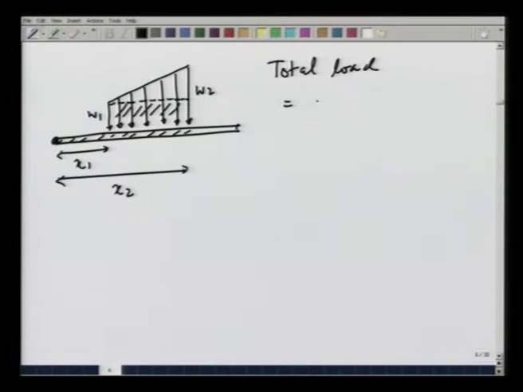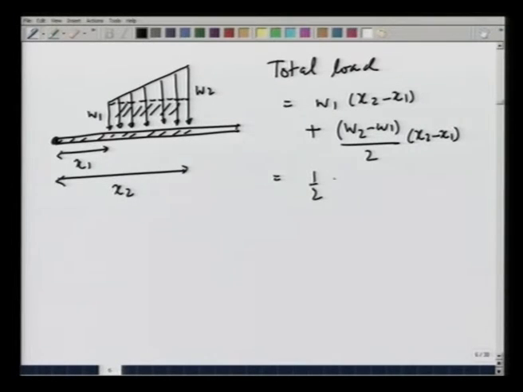So, the total area is going to be the area of the rectangle, which is W1 (x2 minus x1), plus the area of the triangle, which is going to be (W2 minus W1) divided by 2 times (x2 minus x1), which comes out to be the area of trapezoid, which is nothing but 1/2 (W1 plus W2) times (x2 minus x1). So, this is the net load which is working on this.